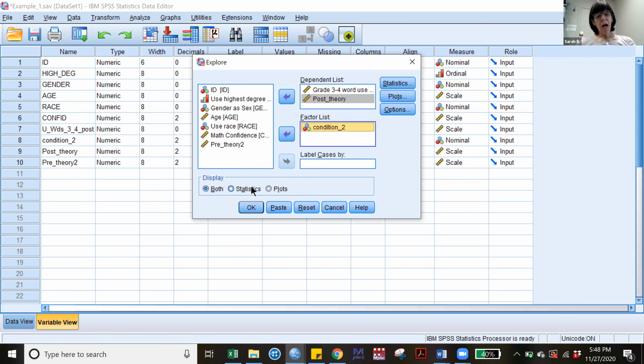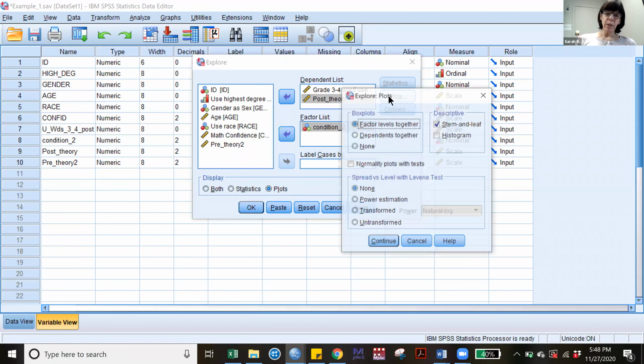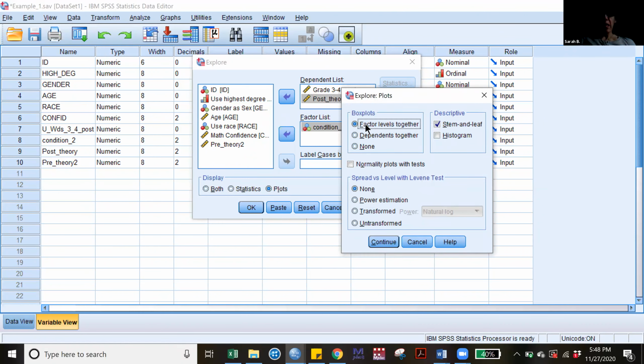Now, I just want to see the pictures of this. I'm not particularly interested in all the statistics because I'm going to test the statistics later. I just want to look at the pictures. So if I uncheck both and I leave statistics unchecked and I check plots, then I have some choices about the plots, and I only want box plots. I am not interested in the stem and leaf.